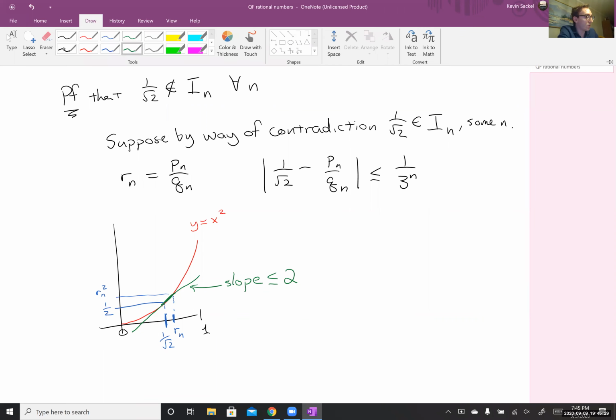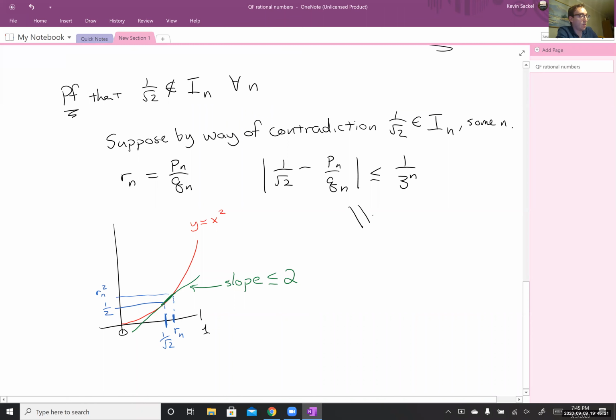In other words, this inequality tells us that when I square 1 over root 2, it's again really close to P_n squared over Q_n squared, but the difference is now less than twice what the difference was before, 2 over 3 to the n.